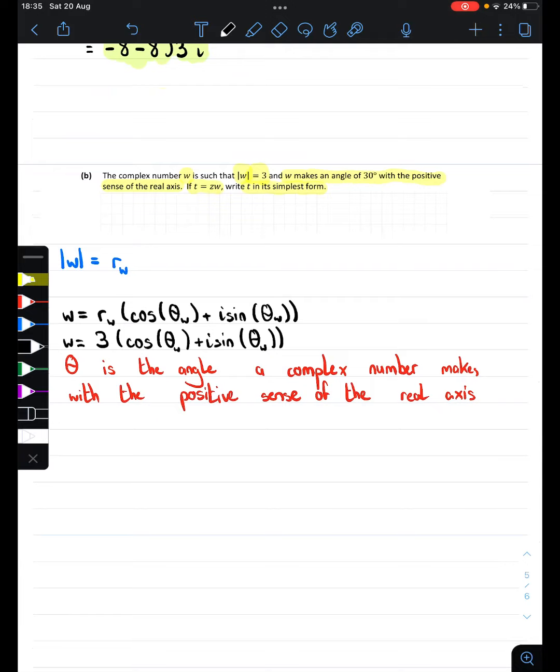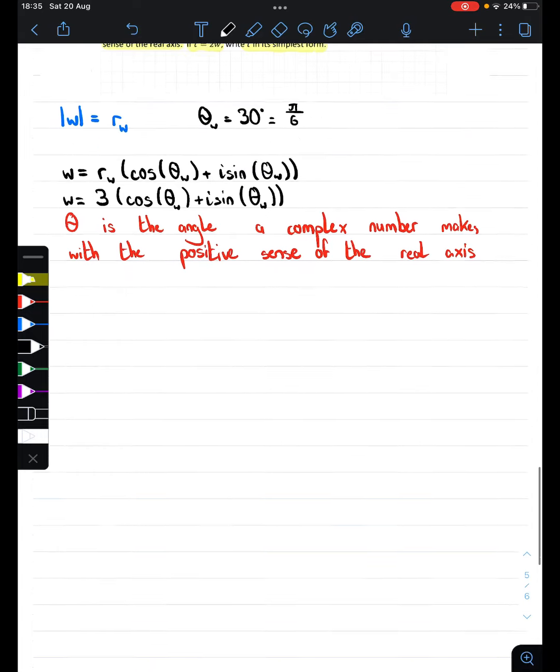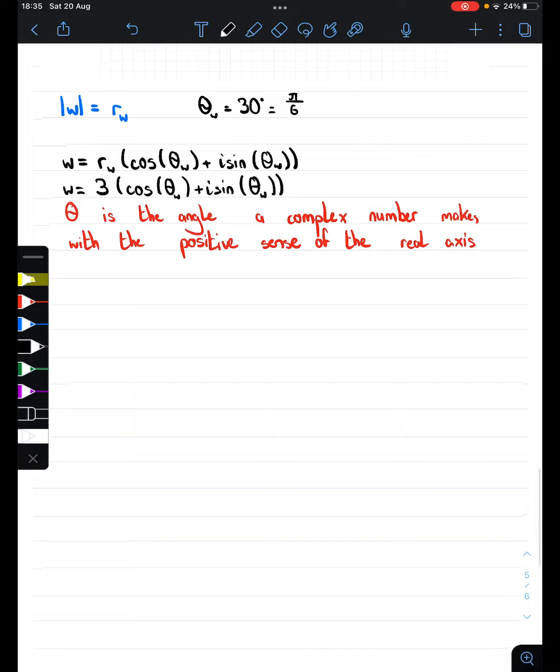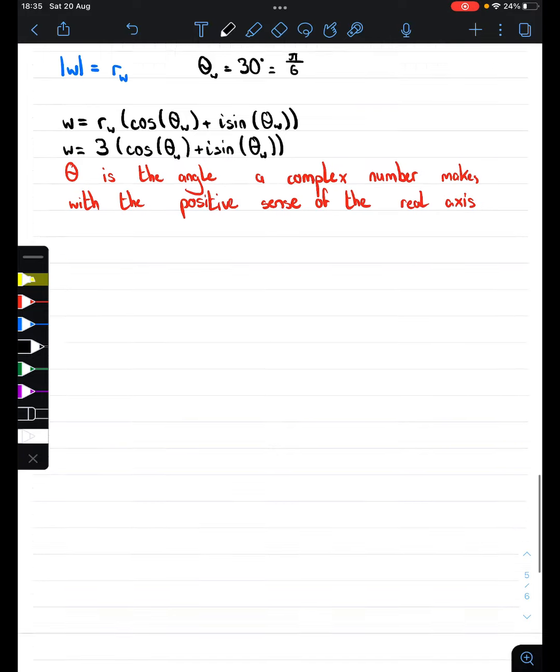And so they've given us this value of theta. So theta W is 30 degrees, or pi over 6 in radians. And I prefer using radians for complex numbers, but it really doesn't make any difference at all.